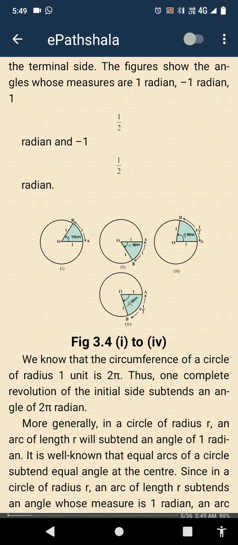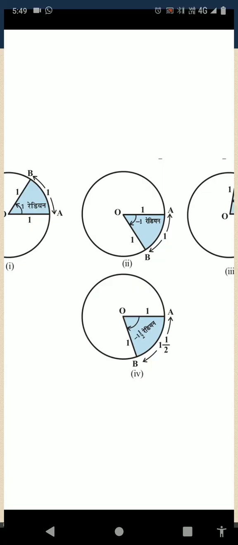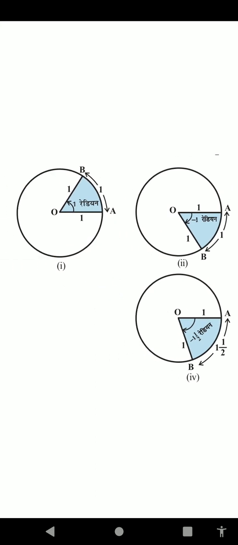So from here you can define the radian. So you know the circumference of a circle of radius 1 unit. In this figure you can see that the total length is the circumference. What is circumference? You know the entire perimeter of the circle is called circumference. So your circumference will be 2 pi.